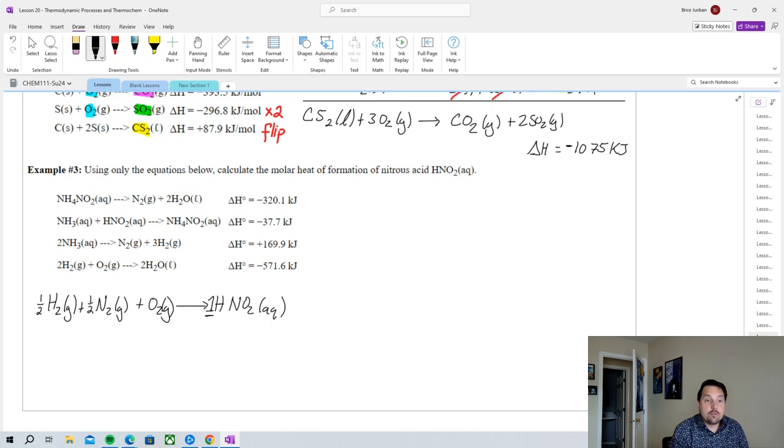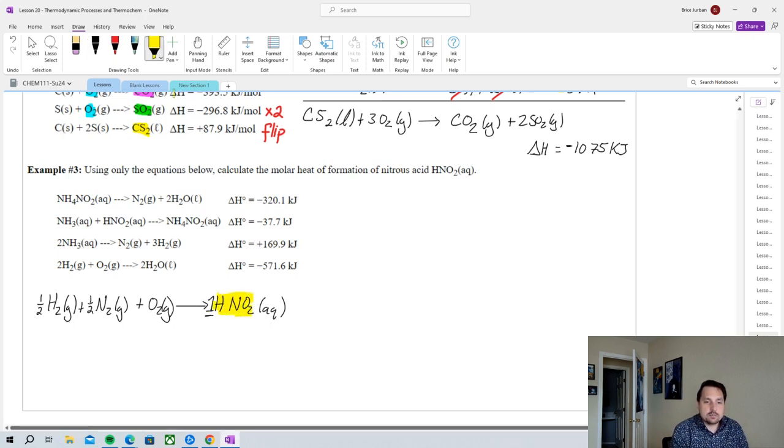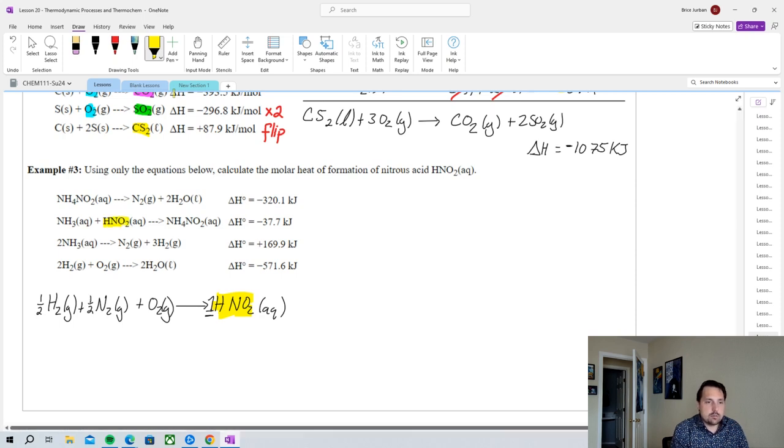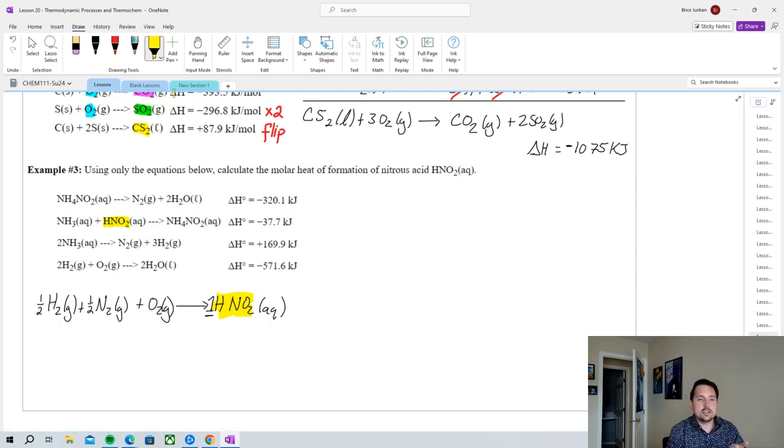Okay, so to begin with, we have 4 different reactions, and let's try to identify where our product is. So if I have nitrous acid, HNO2, that shows up right here in this reaction. If I combine ammonia and nitrous acid, I can get ammonium nitrite.